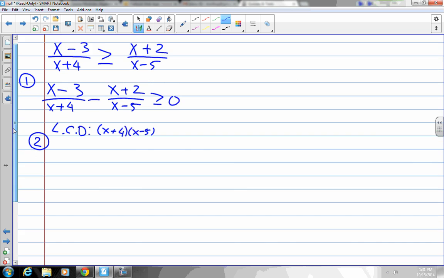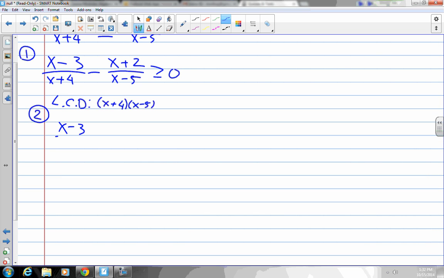So that means we have to multiply the first fraction by whatever's missing. It has x plus 4, you want x plus 4 and x minus 5, so we'll multiply by x minus 5 over x minus 5, right?